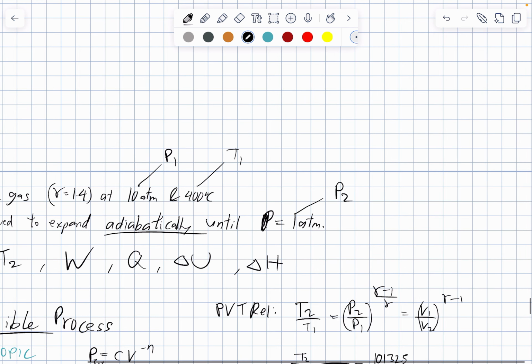Oh yeah, by the way, conversion factor, 1 bar equals how many atmospheres? 0.98923.